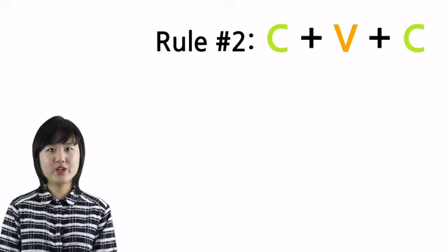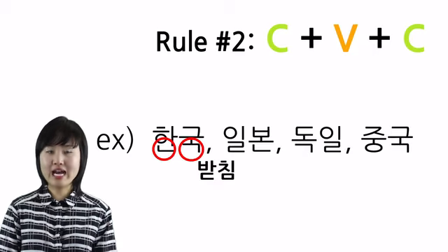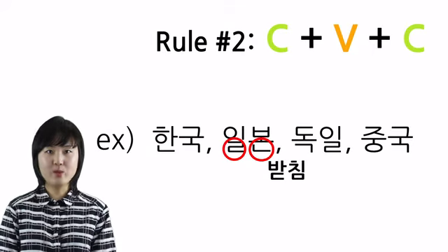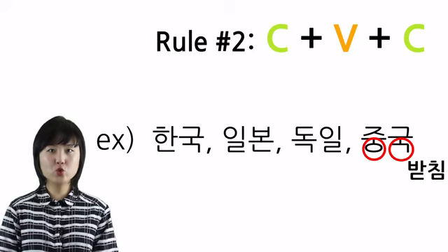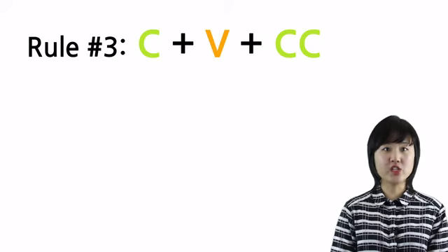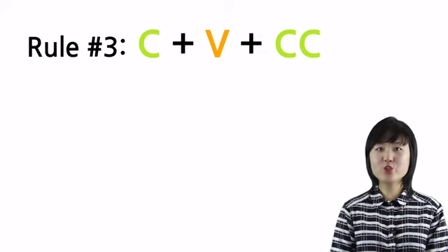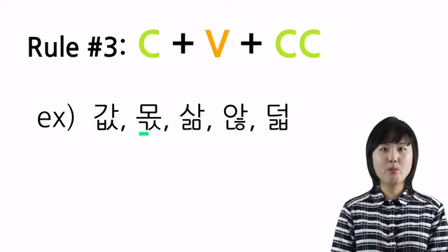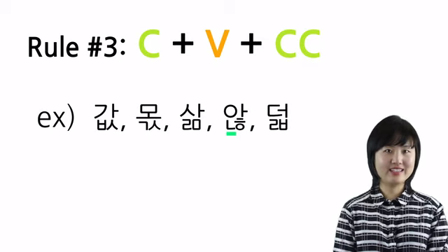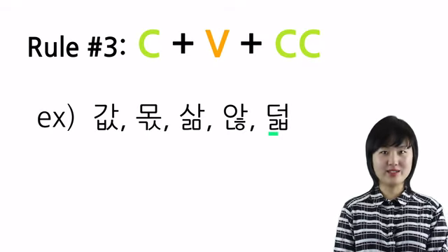This is a case where you have a 받침. Examples are 한국, 일본, 독일, and 중국. The last rule is to have a consonant, a vowel, and two consonants as a 받침. Its examples are 갑, 목, 삼, 안, and 널.